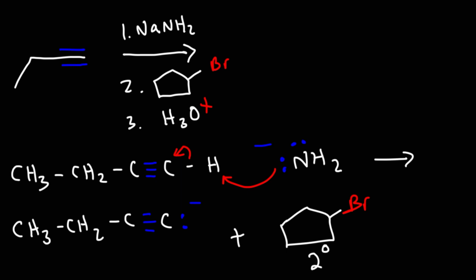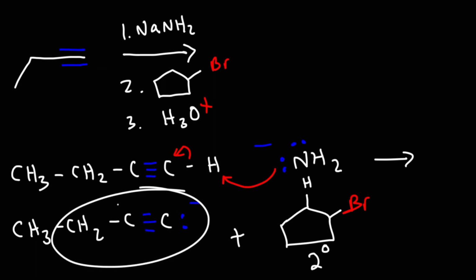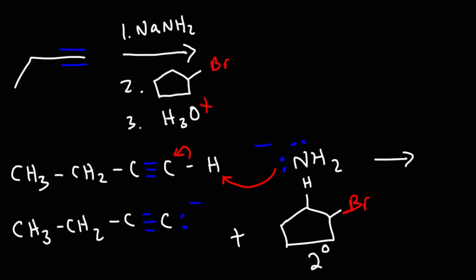But whenever you have a secondary alkyl halide with a strong base, the E2 mechanism we're going to get in greater yield than the SN2 mechanism. So whenever you're dealing with the conjugate base of an alkyne, just know that it reacts well in an SN2 reaction if you're using a primary alkyl halide or a methyl alkyl halide. If you're using a secondary or a tertiary alkyl halide, the dominant mechanism will be E2.